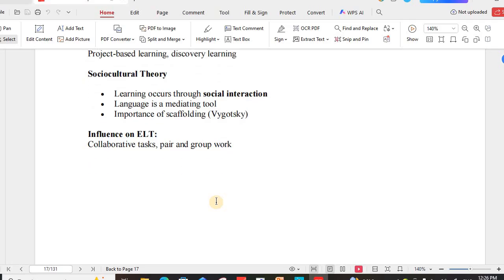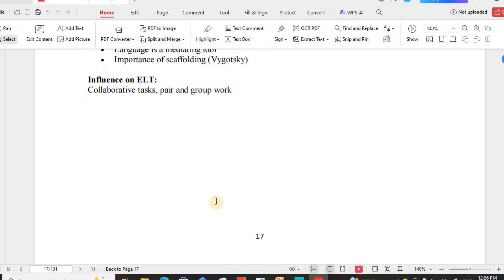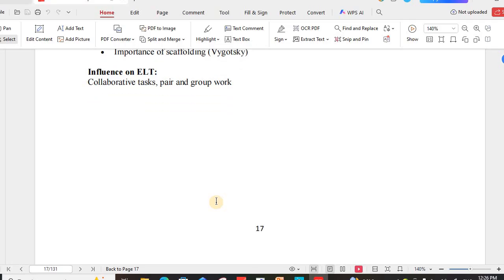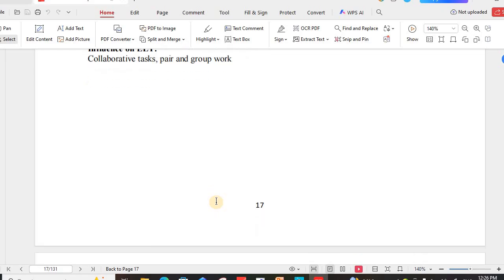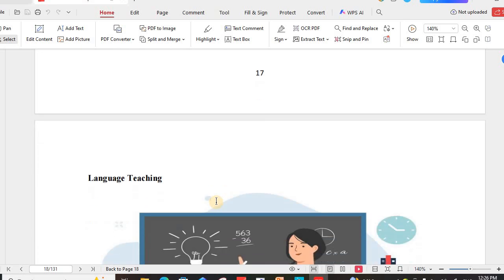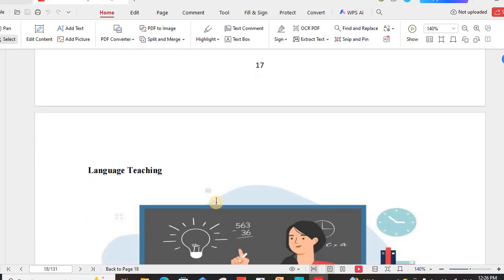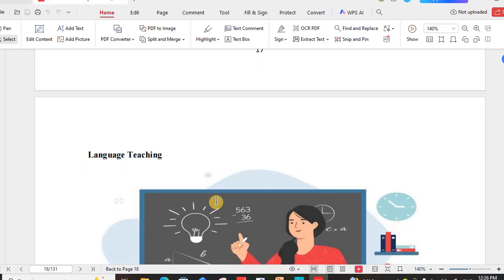How does it influence ELT? Through collaborative tasks, pair and group work. So you need to go and do some small research about constructivism theory, which helps in the learning process in general.